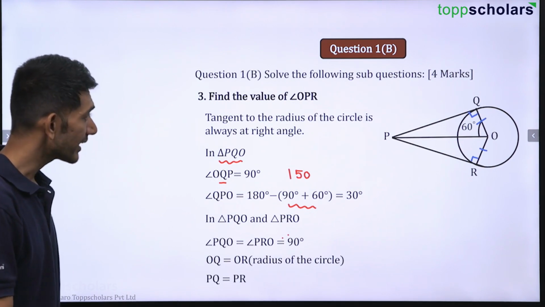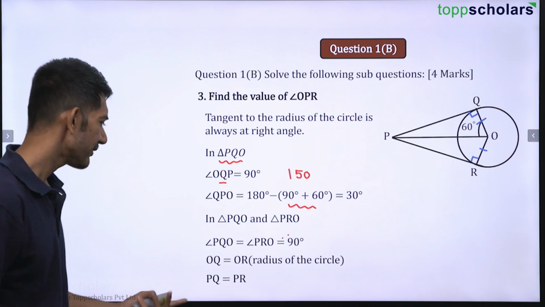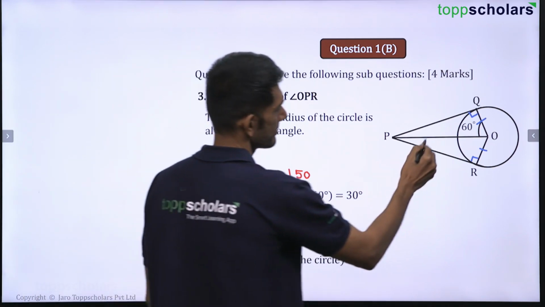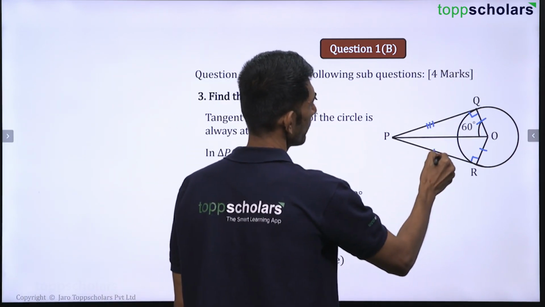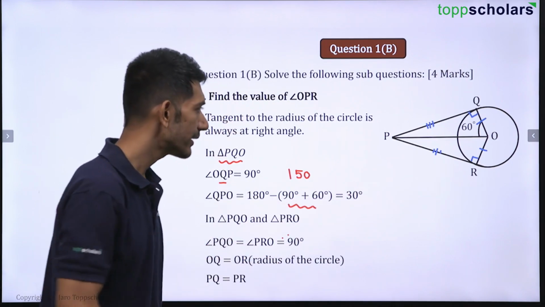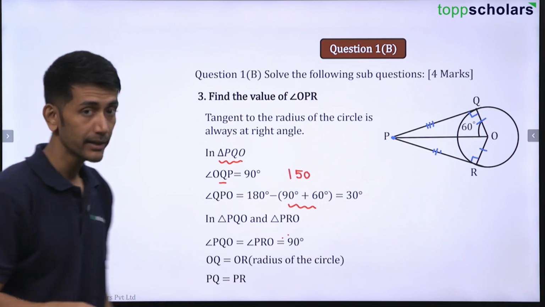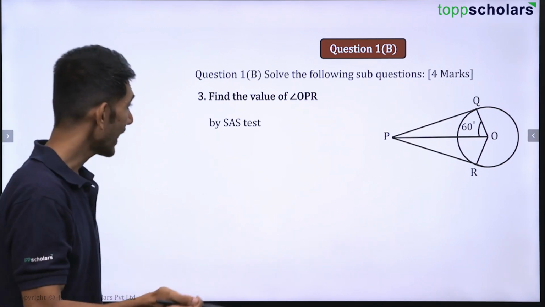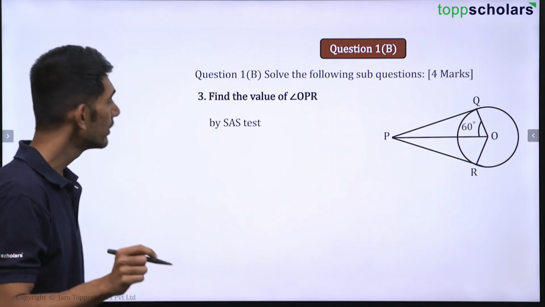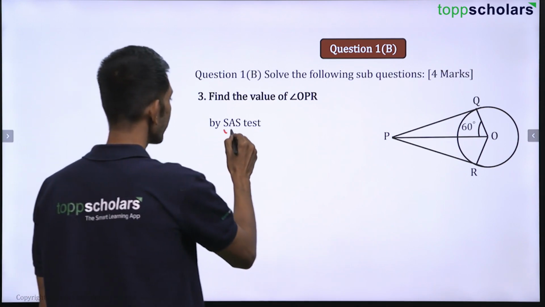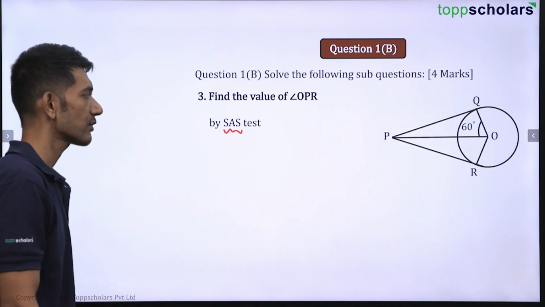And then we have the common side, right? PQ is equal to PR, that is also fine because we know that lengths of the tangents from the external point are equal, right? So finally we can say that the two triangles are congruent by SAS test. This is the SAS test of congruency.